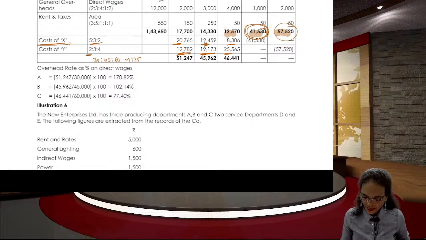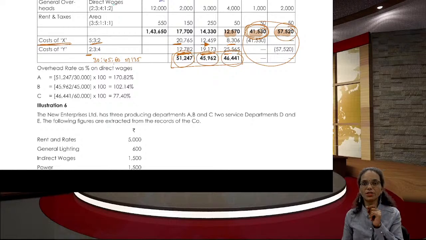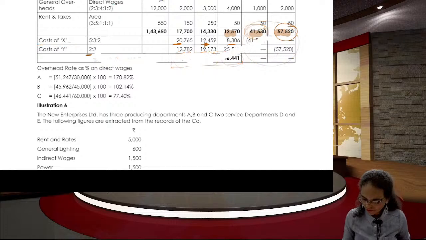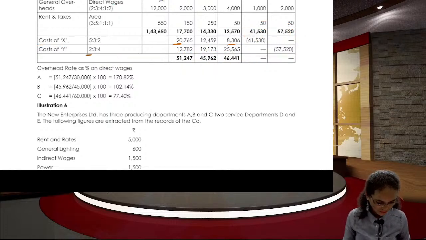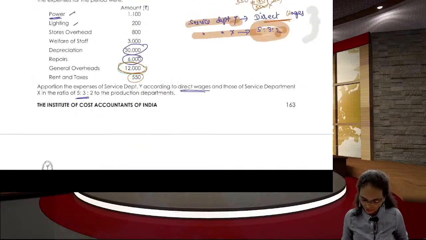So here the expenditure becomes 0, and the total amount is added here. So this is the overhead expenditure for the respective departments.